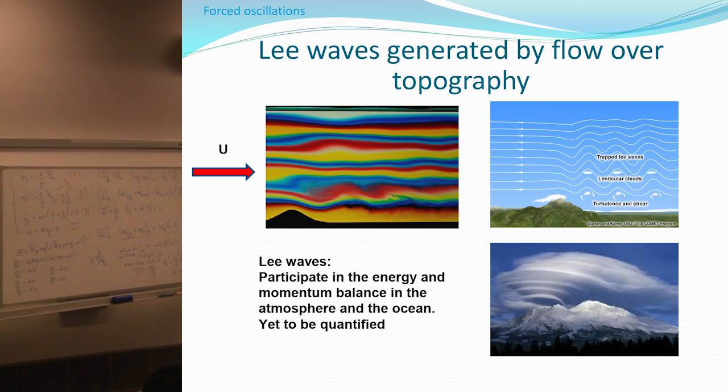The interaction between this constant flow and this topography can create some turbulence and shear really close to the topography, but away from it we generate some internal waves in the wake of the topography, and they are called Lee waves. One good way to see them in the atmosphere is to look for lenticular clouds that are formed due to the upwards and downwards motion of the Lee wave. Some regular patterns are present like that, and they indicate the presence of Lee waves.